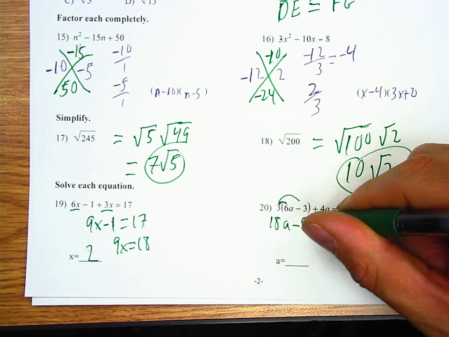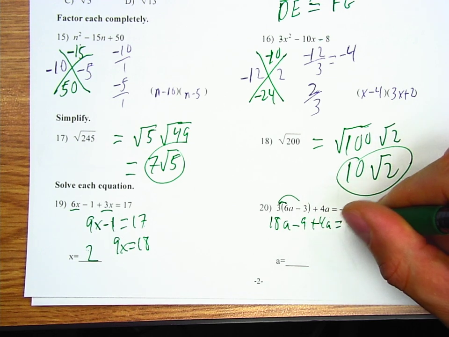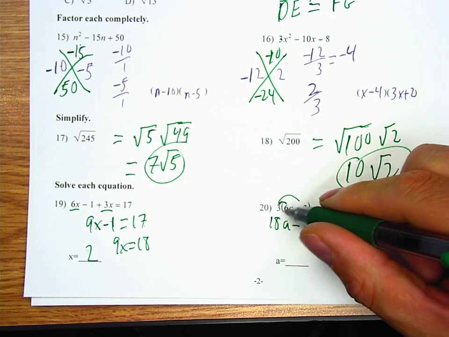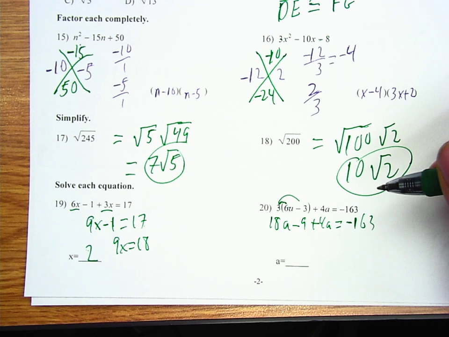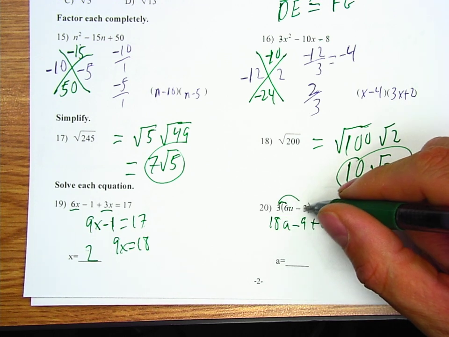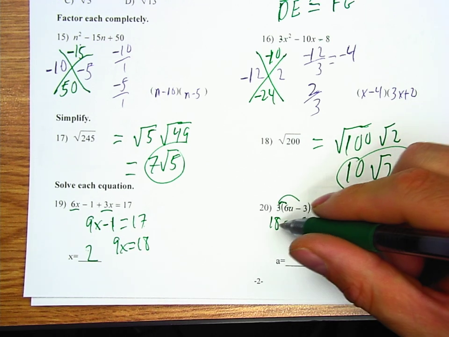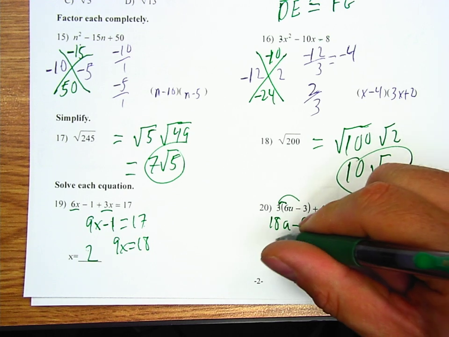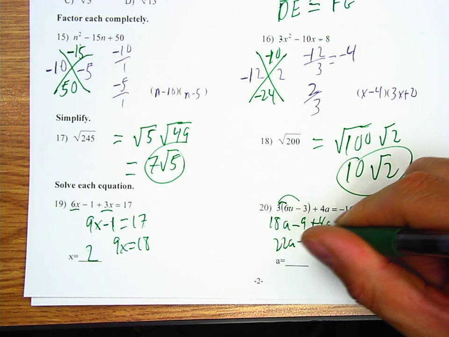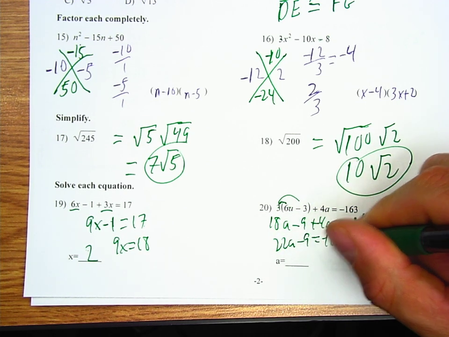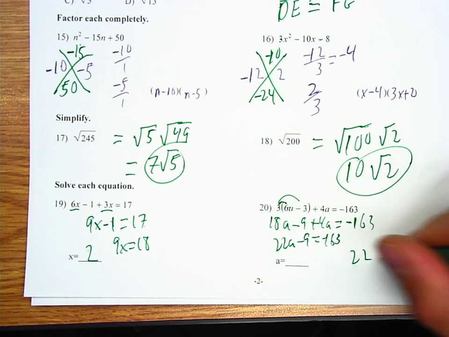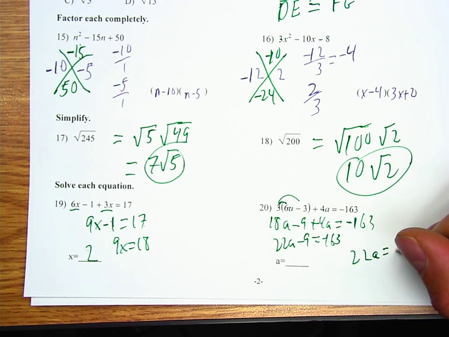18a minus 9 plus 4a is equal to negative 163. I distributed, got 18 from 3 by 6. Got 9 from negative 3 times 3. 18 plus 4 is 22a. 9 plus 163 is 172.